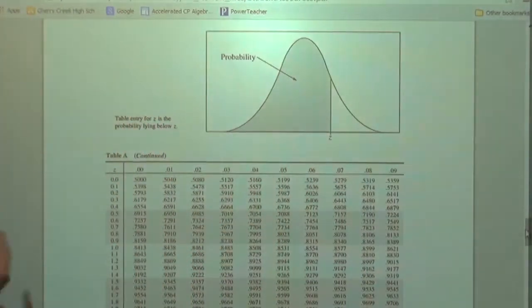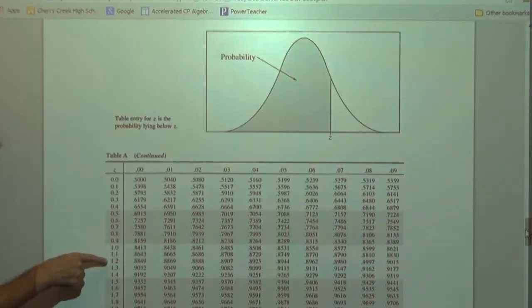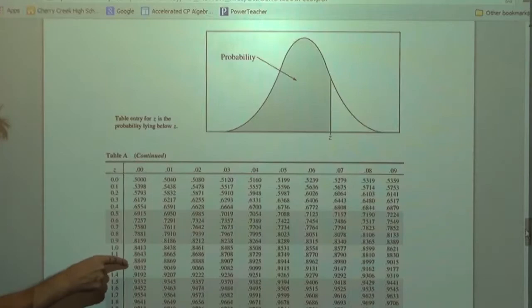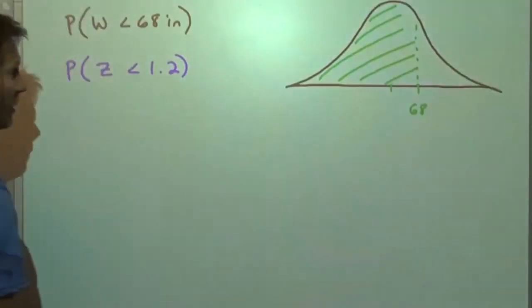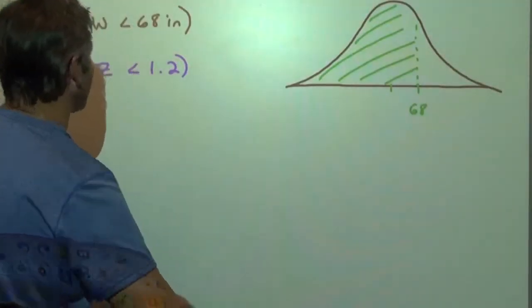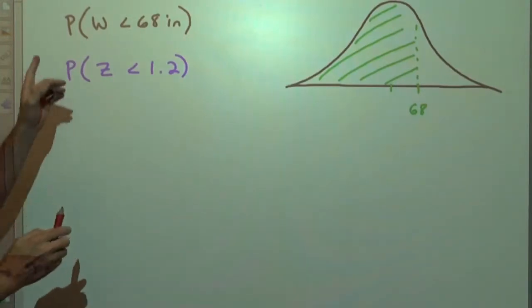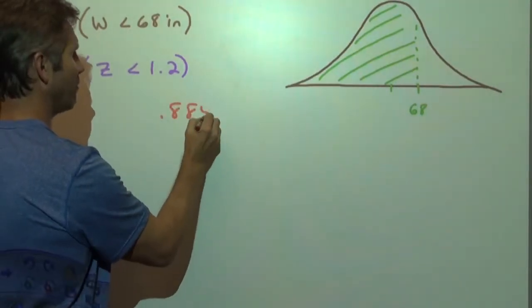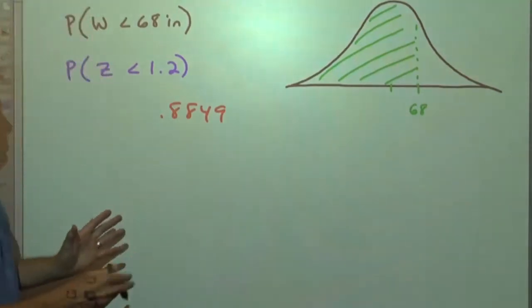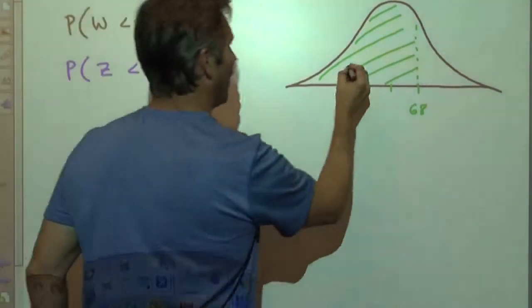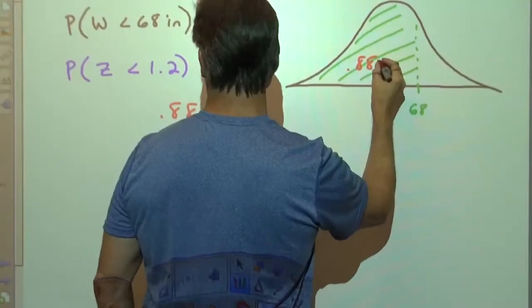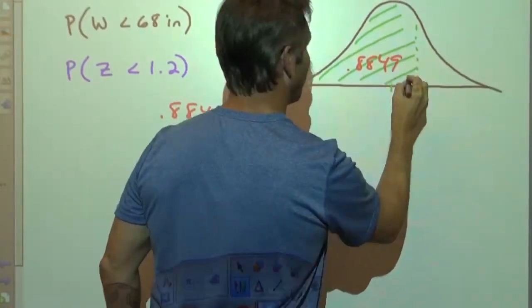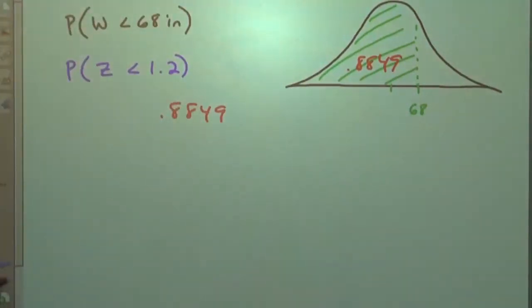So we have a woman whose height is 1.2 standard deviations above the mean, so we go right here and it's 0.8849. So what that tells us is the probability of randomly selecting a woman whose height is less than 68 inches is 0.8849. About 88.5% of all women have heights that are below that height right there of 68 inches.